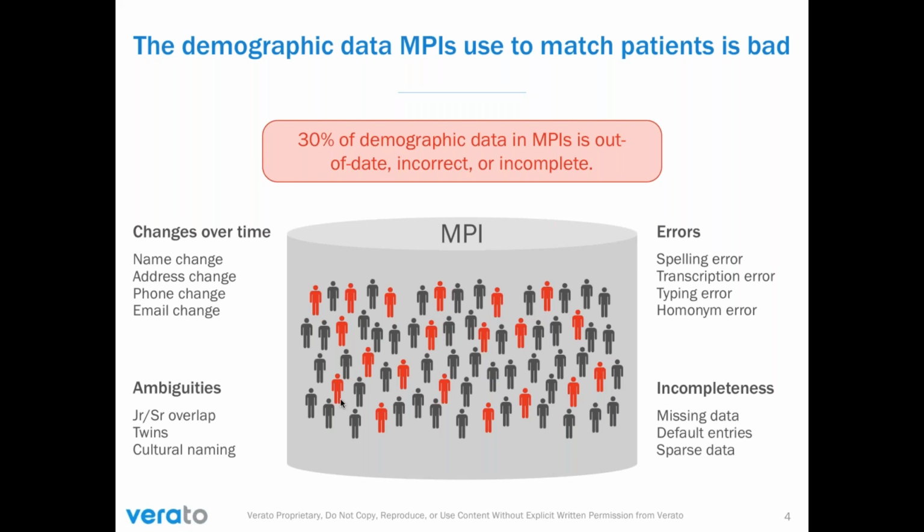But the data that we see coming out of EMRs inherently has problems with it. Most folks are highly aware of the types of data entry errors that happen during the registration process. You're registering a patient and people make typos in names and misspell addresses, things like that.